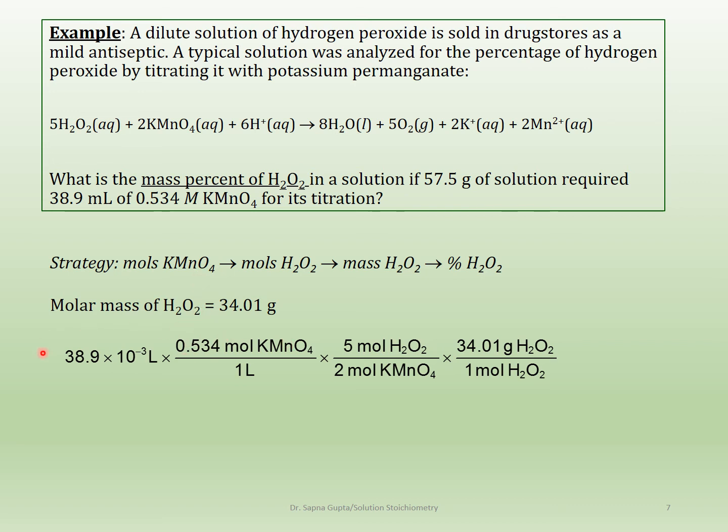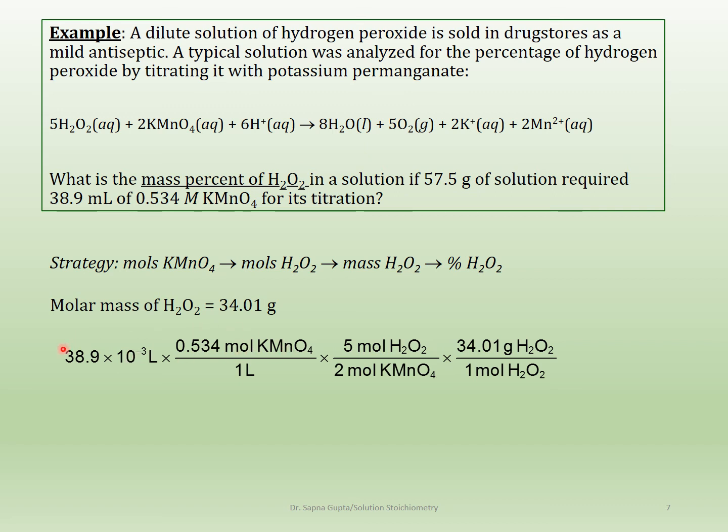Here is how we calculate the moles of potassium permanganate: you start with the volume. Remember you have to convert the milliliters into liters because you're multiplying it by the molarity. So molarity is moles per liter. You need to convert milliliters to liters, which is 38.9 times 10 to the negative 3 liters.